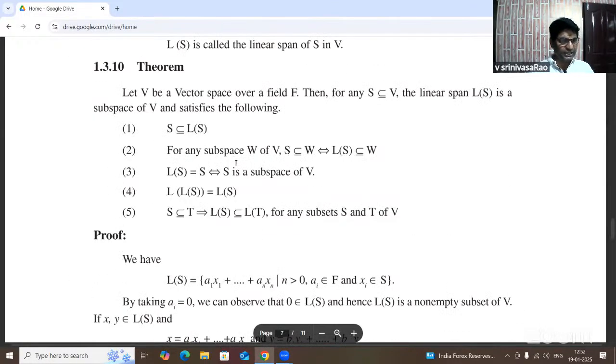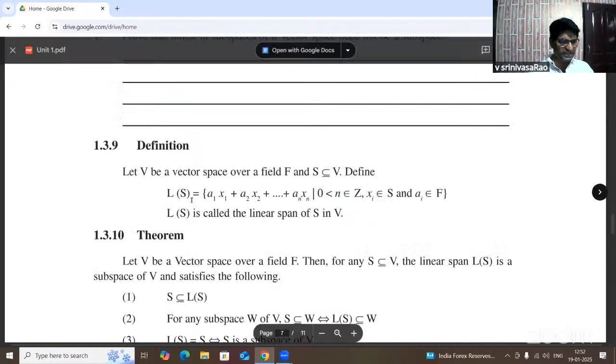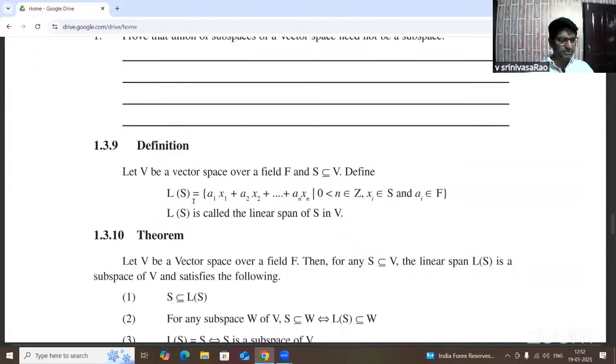Okay, now next is the linear span. You have to define the linear span L of S. The notion, meaning the identification, of linear span is L of S equal to the sum of scalar multiplications, a1 x1 and so on. The sum of scalar multiples, that is, linear combinations, is called the linear span.